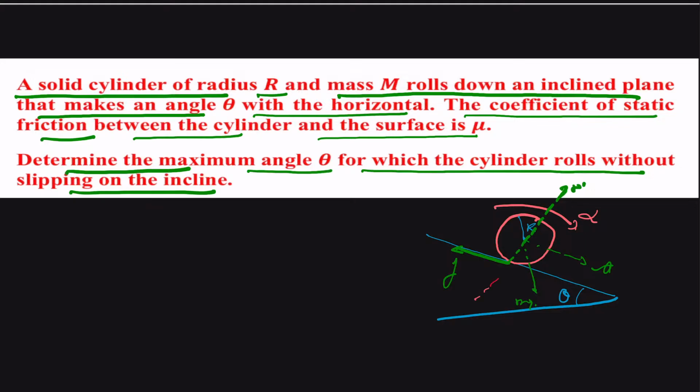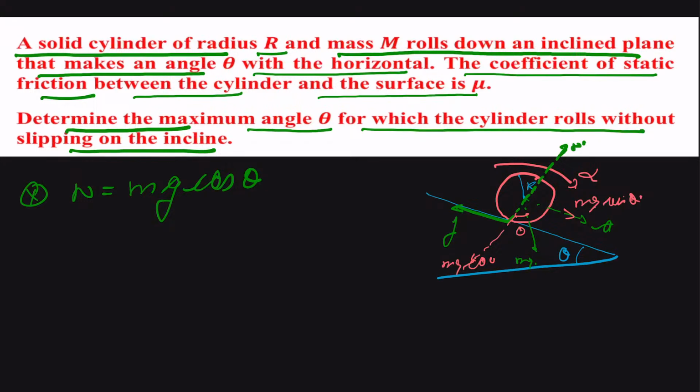This angle will be theta, so we are going to get this as mg cos of theta, and here we are going to get our mg sin of theta. So based on this, we can simply write our equation, and we can say that the normal N will be equal to mg cos of theta.